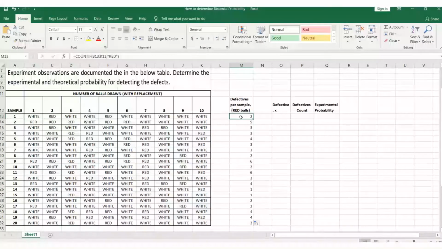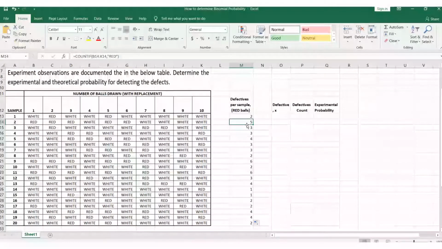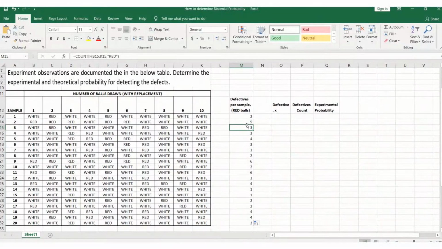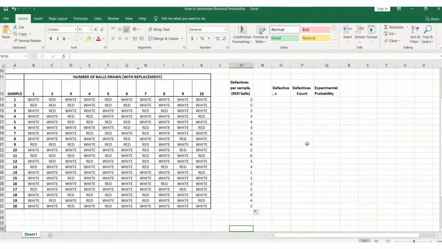the first sample. Then the second time we have drawn again. In the second trial we obtained 5 defective balls. In the third trial, 3. Likewise we have obtained the defective counts. Now first we have to find the experimental probability, because we want to know what probability we obtain with this experiment.